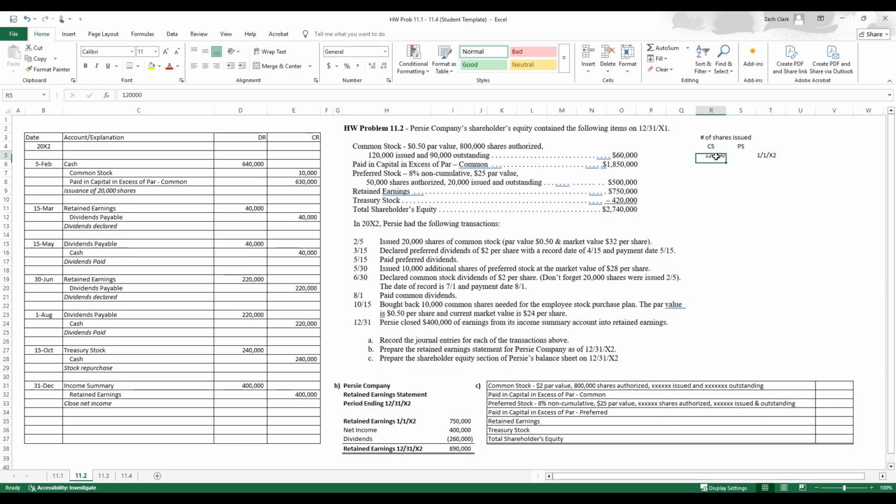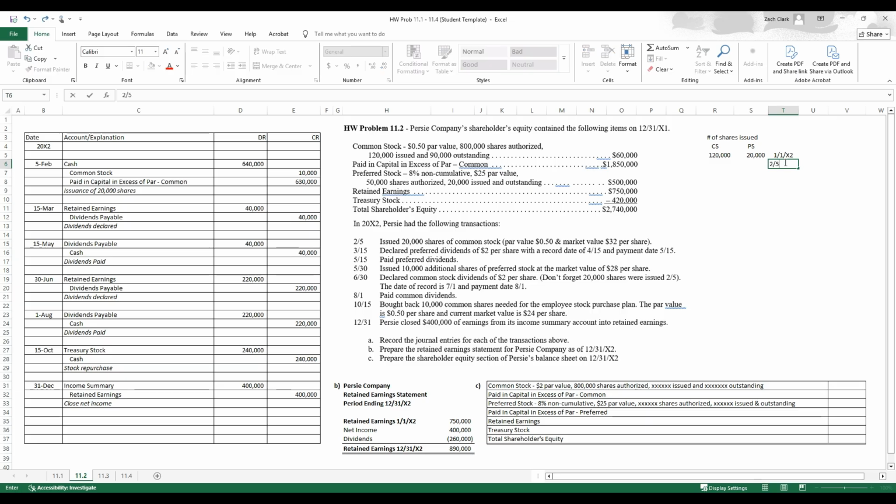So we had 120,000, and that's just coming from here. Preferred stock had 20,000. And that was our beginning balance. Okay, and then what do we do?